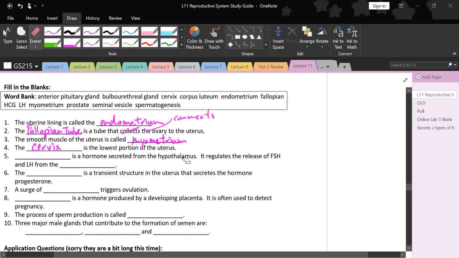Something is a hormone secreted from the hypothalamus. That would be the GnRH. It regulates the release of follicle-stimulating hormone and luteinizing hormone from the anterior pituitary gland.